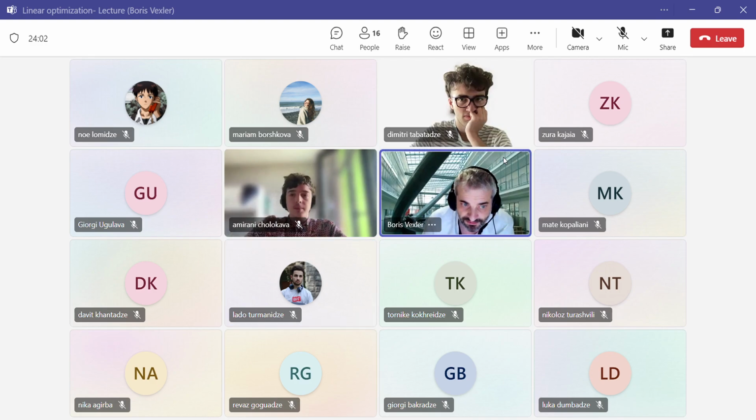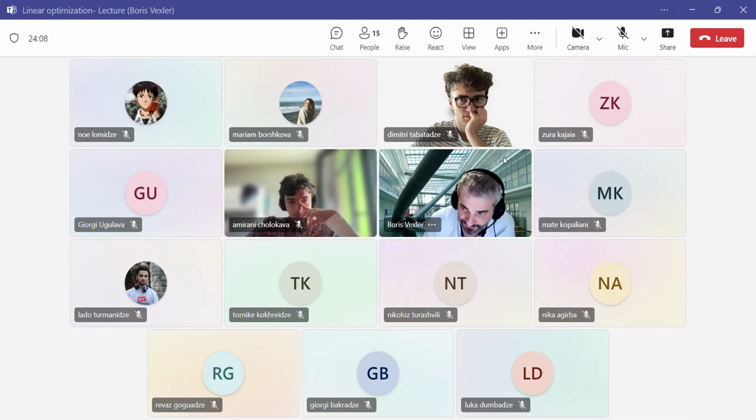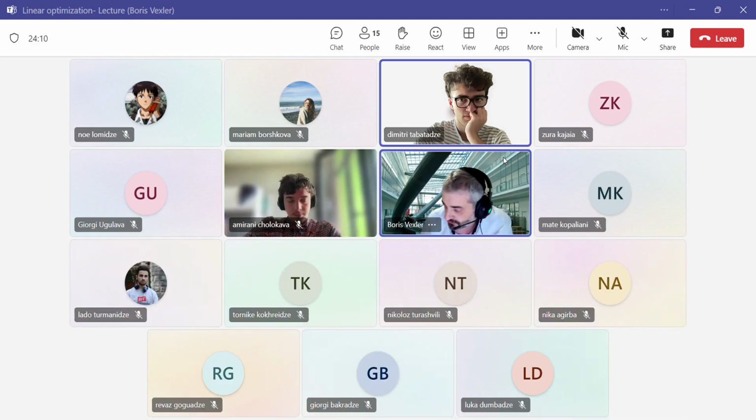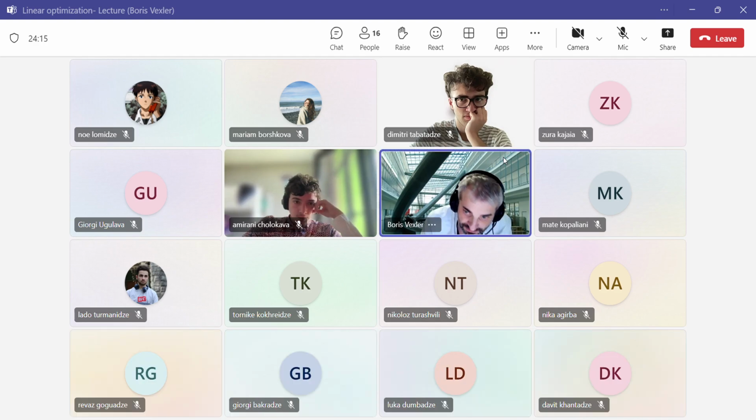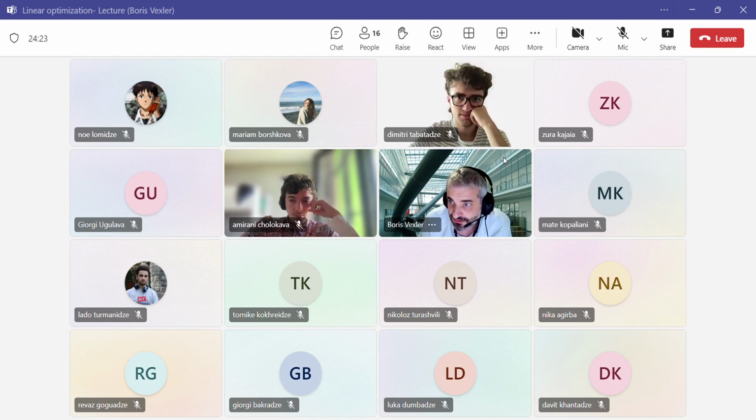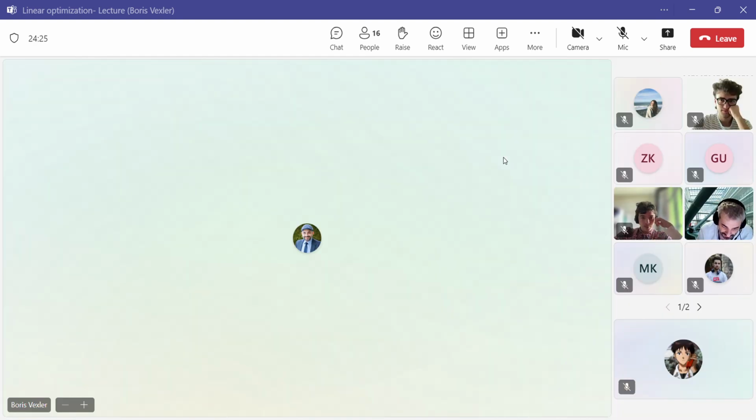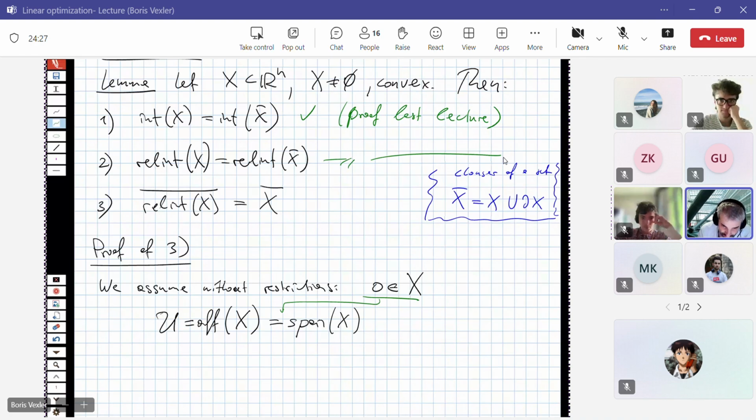Okay, very good. Due to the fact that 0 is an element... Sorry, I don't think I can see your screen. You don't see? Okay, it was somehow okay. But now you should see it again. Yes.